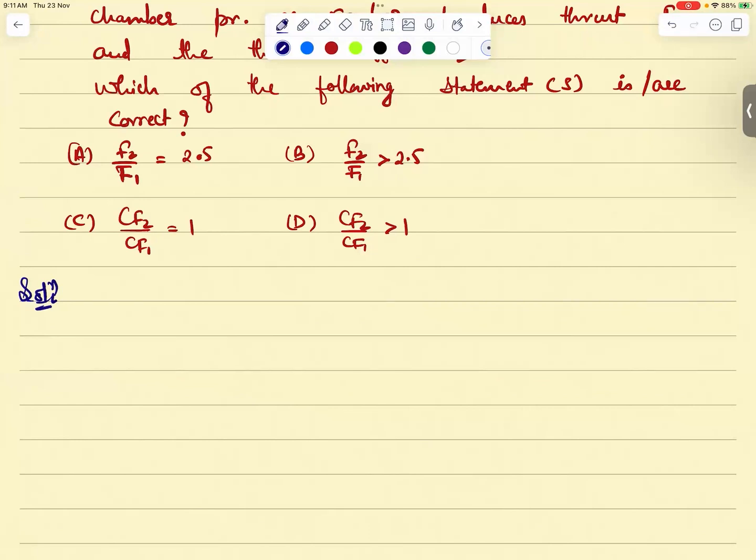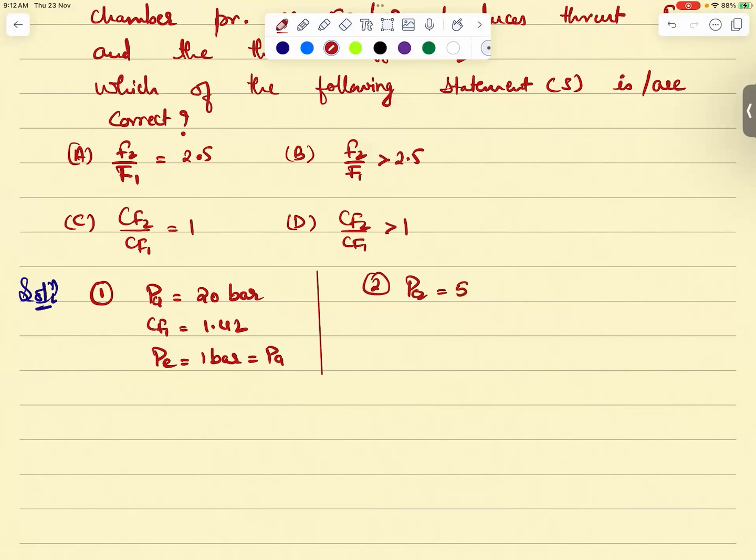So your first condition is PC1 is 20 bar, that is given. CF1 is given as 1.42 and PE is equal to 1 bar, and it is optimally expanded. Then you have the second condition, PC2 is 50 bar, and CF2 we don't know.